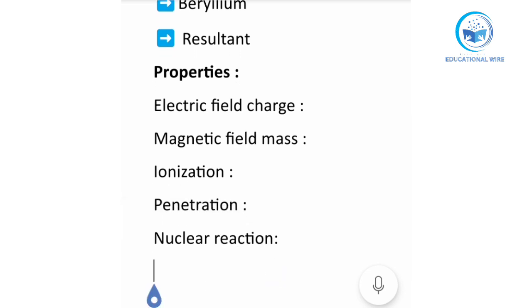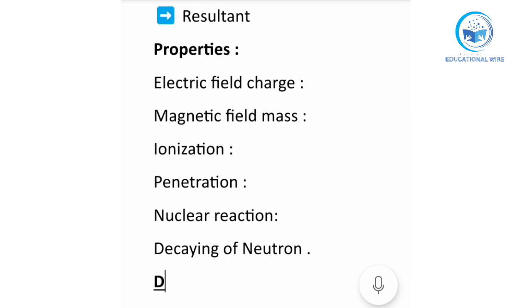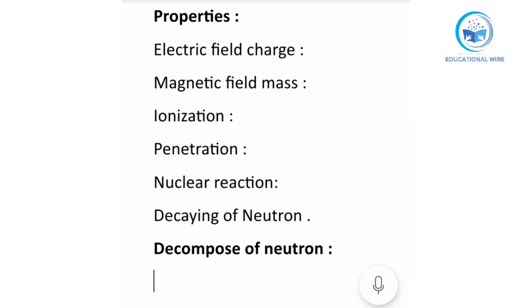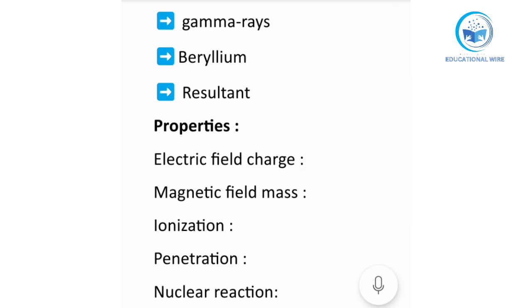After that, we are having decaying of neutron. After decaying of neutron, we will have decomposition of neutron over here. So we will discuss all these things with the diagram.